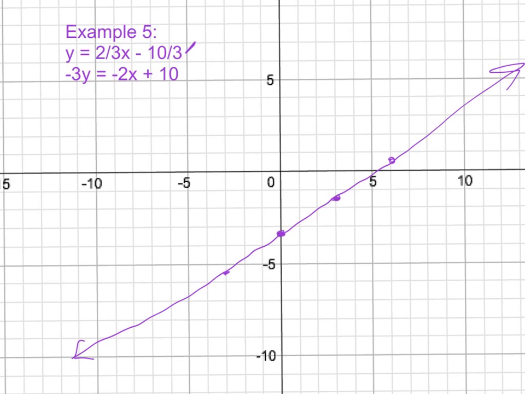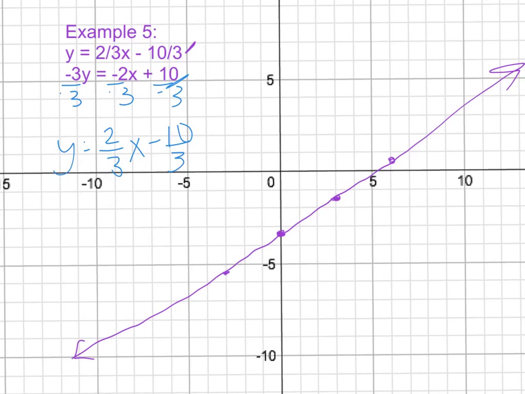All right, to graph the other line, we first must get this in y equals mx plus b format. So I'm going to divide everything by 3. So that will give me y equals +2/3 x minus 10 over 3, which is the same exact equation that we did a couple minutes ago.